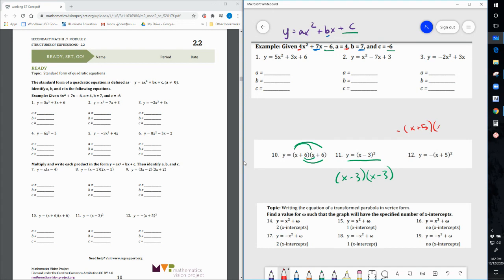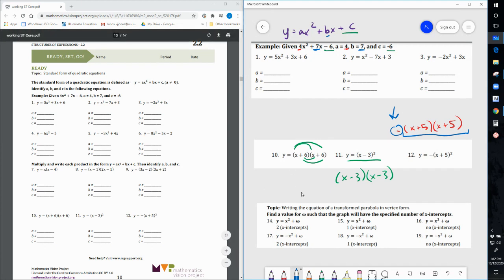That means at the very end, after you multiply everything together, you're going to distribute this negative sign in. After you get your answer from x plus 5 times x plus 5, you'll notice all the signs will get flipped. So don't forget this negative sign, but you can just do it at the very, very end. That's the easiest way to do it, in my opinion.